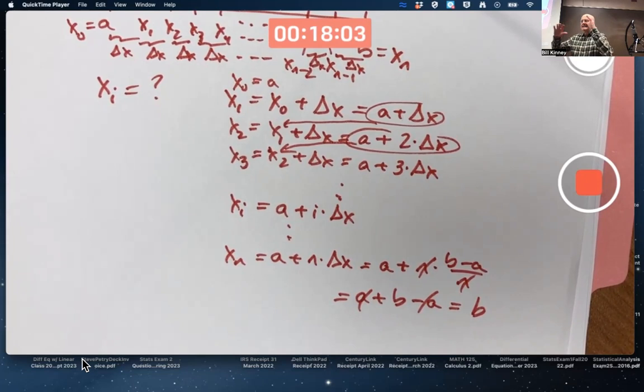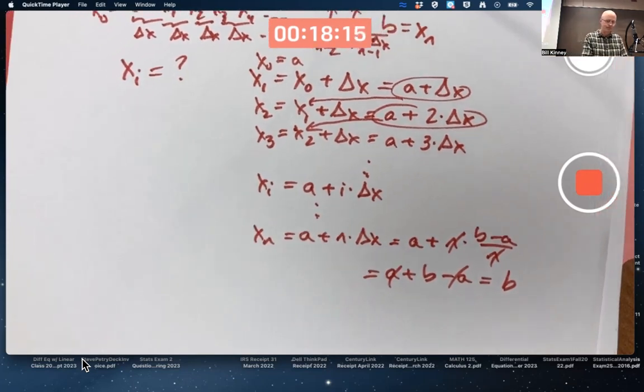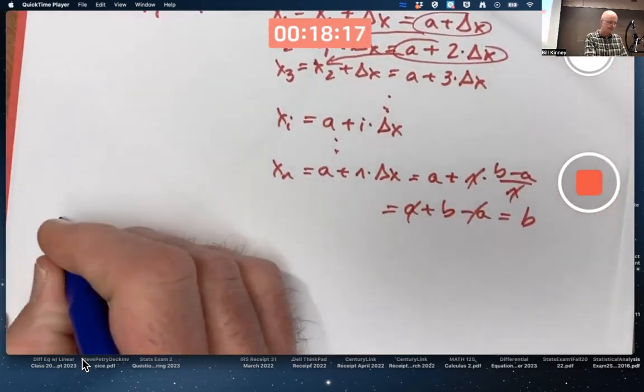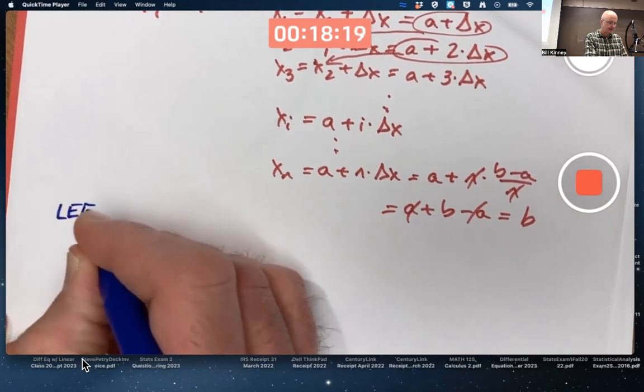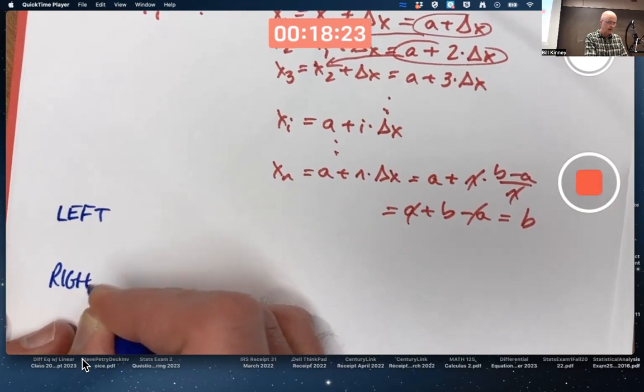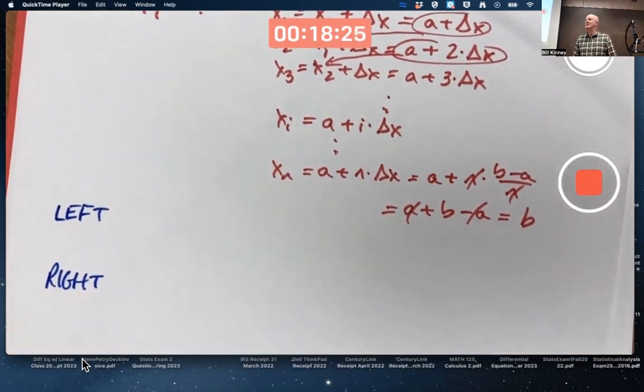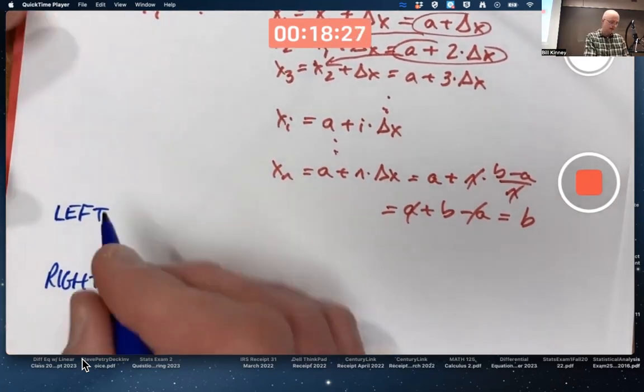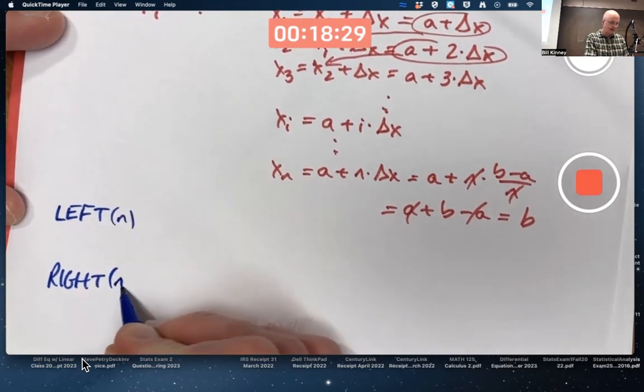Once you've got all this set up, then you are ready to write down formulas for what are called left-hand sums and right-hand sums. Left and right, they're really functions of n. Left of n and right of n.